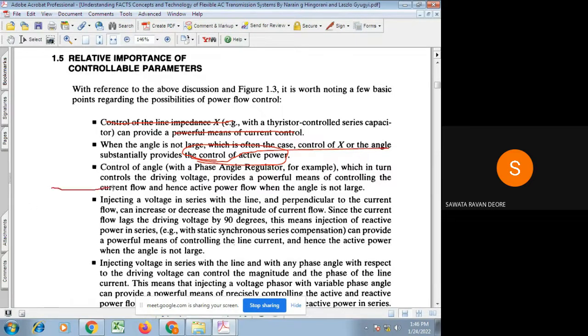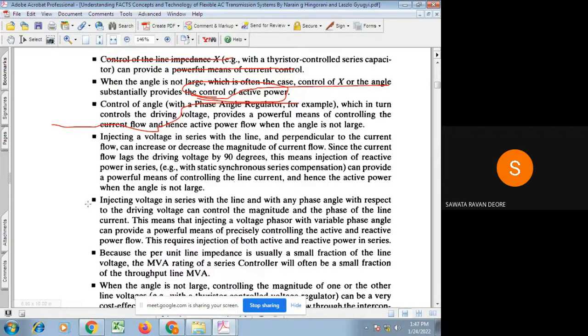Similarly, by controlling the phase angle by means of a phase angle regulator, it is possible for us to control the flow of active power through the transmission line. Similarly, we talked about injecting the voltage in series with the transmission line, how it contributes to both active and reactive power flow according to the phase angle of that injected voltage.